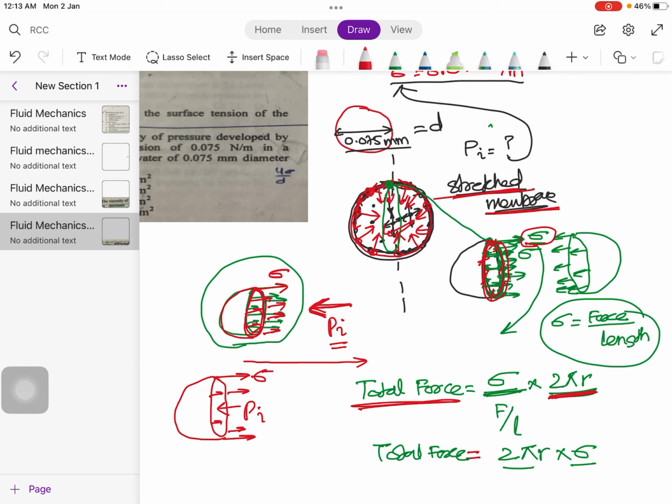In this case, the force due to surface tension is acting towards right, and the force which is caused by this inside pressure is acting towards left. Therefore, there must be a force acting towards left to maintain an equilibrium.